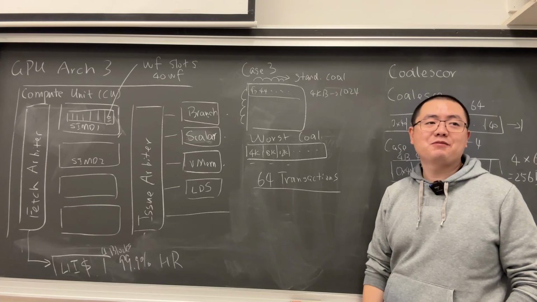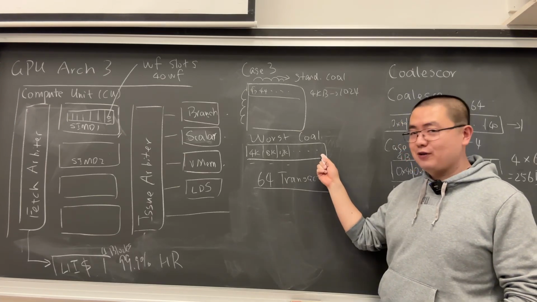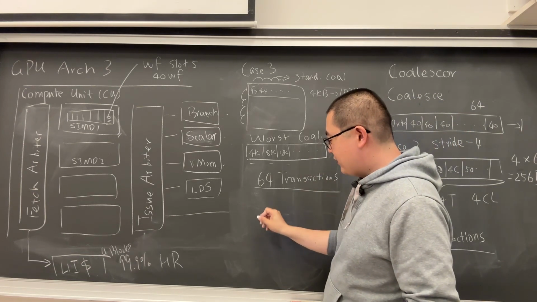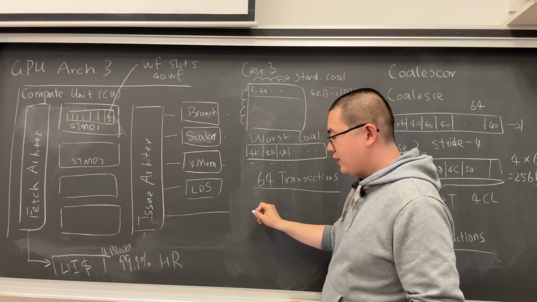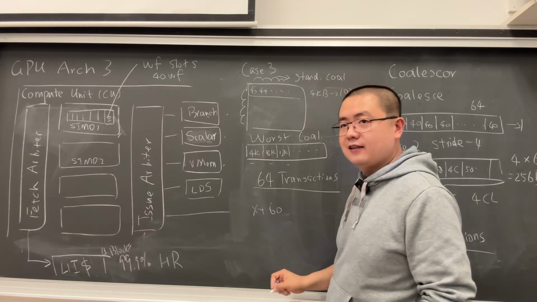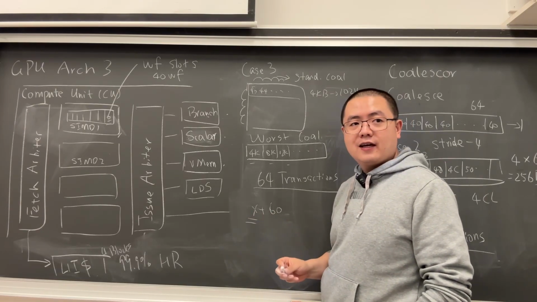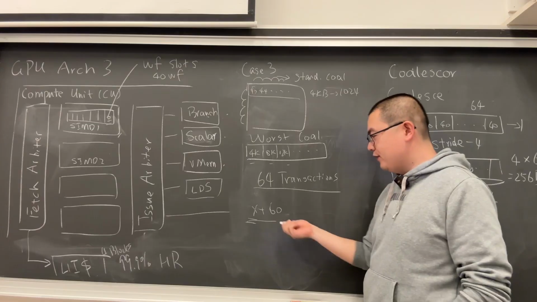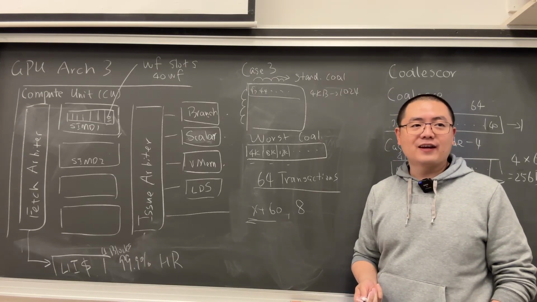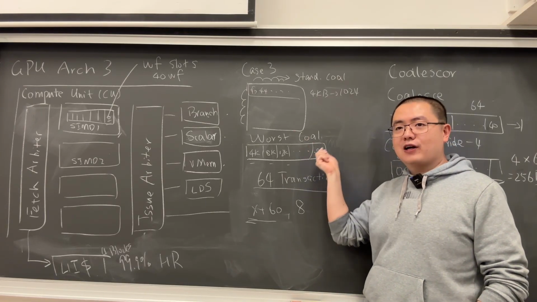Sometimes it can even be more than 64 transactions. For example, say your address is something plus 60, where a cache line starts, and you want to read 8 bytes. Even for one thread, the last thread may go across 2 cache lines.